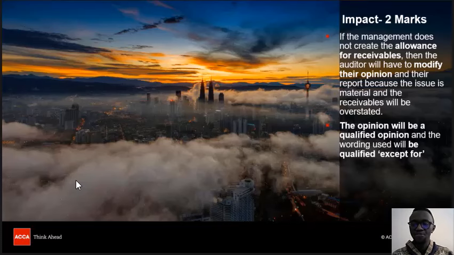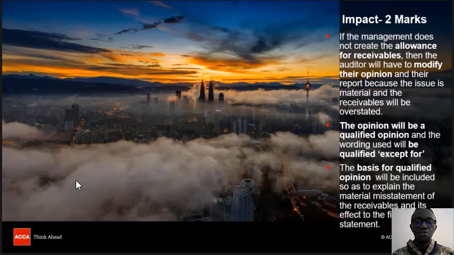So except for. Now, the basis for qualified opinion will be included so that we can explain the material misstatement of the receivables and its effect on the financial statements. This is a fantastic answer. You've spoken about modifying the opinion. You've given the type of opinion that you're going to give.